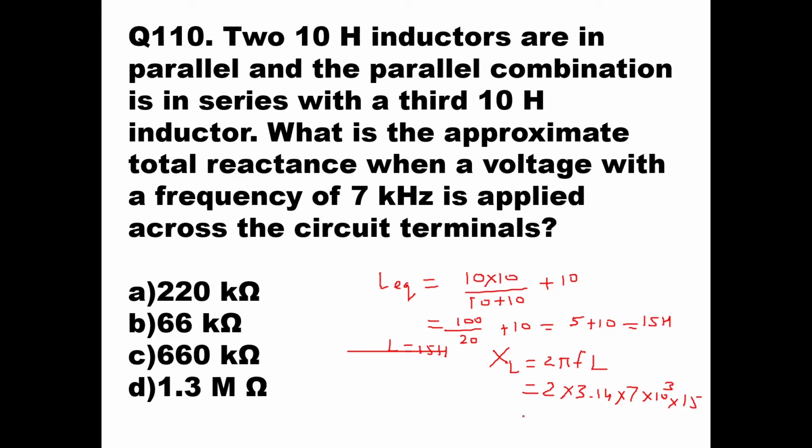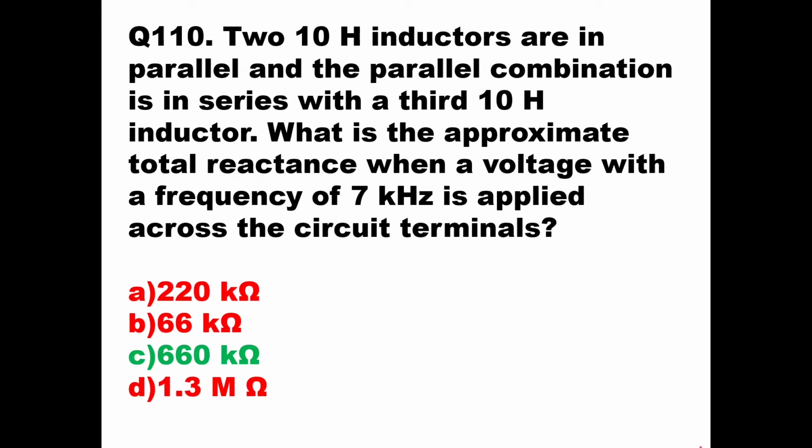If you calculate 15 into 7 into 3.14 into 2, this will give you the answer as 660, and because it is 10 raised to 3, it is 660 kilo ohms. 660 kilo ohms is the answer here.